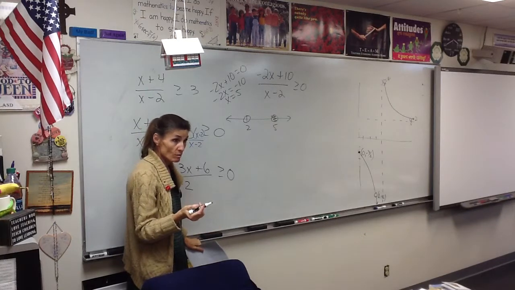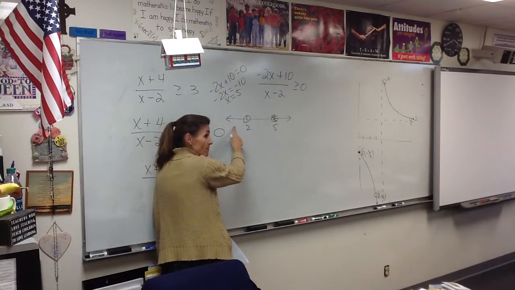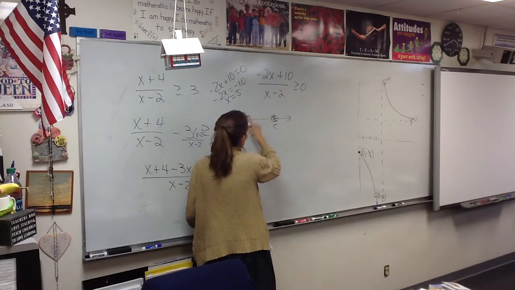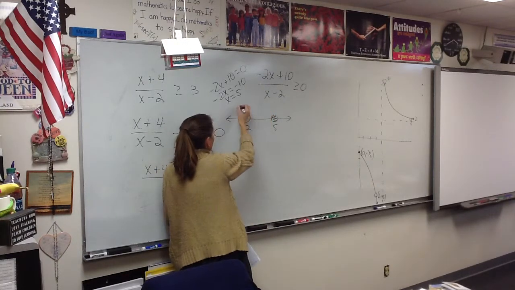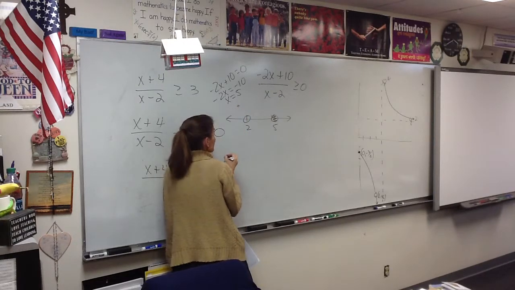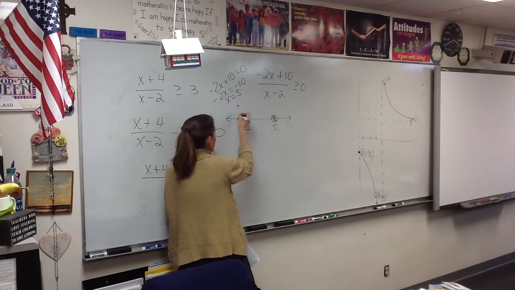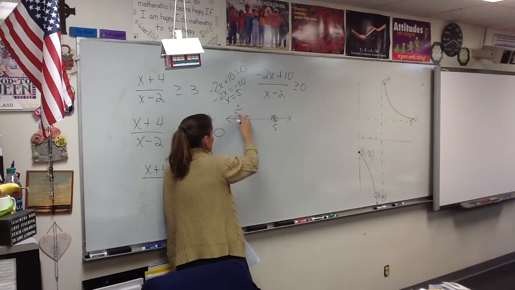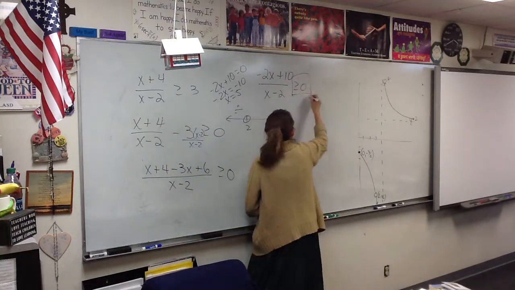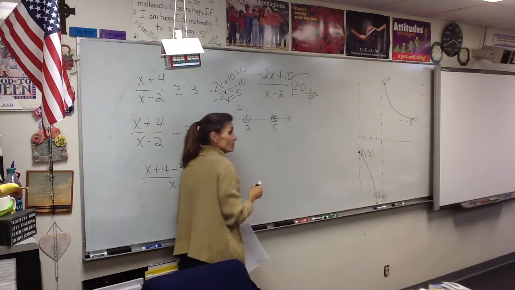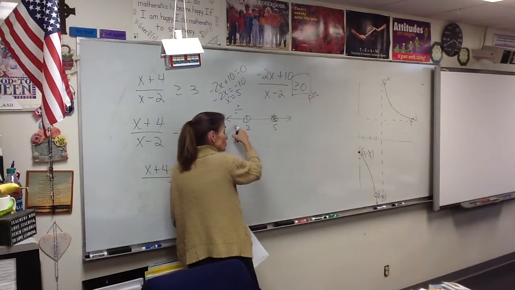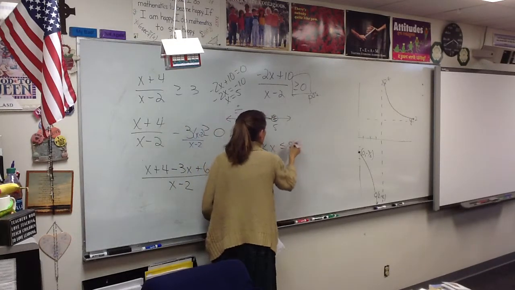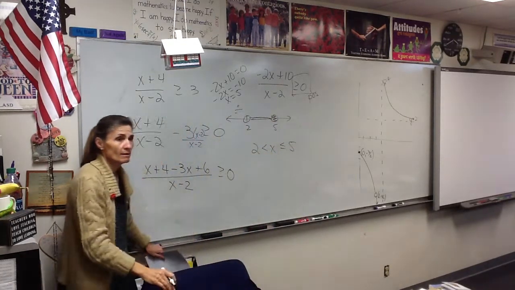If we use 0, that's good, but it's out here, remember? So if I put 0 in, what do I have on the top? Positive 10, right, a positive number, and on the bottom I have a negative. Positive over negative is not positive, right? So that didn't work. So my answer is everything between 2 and 5.